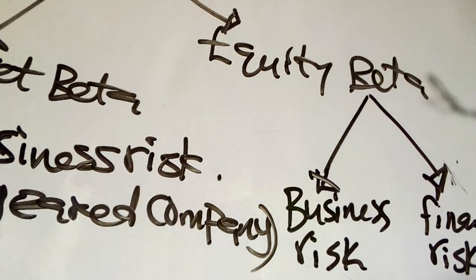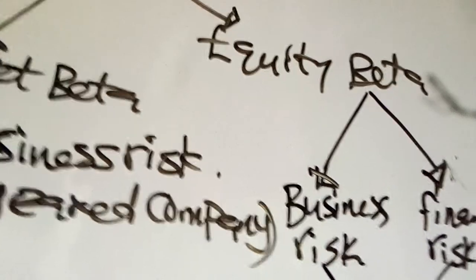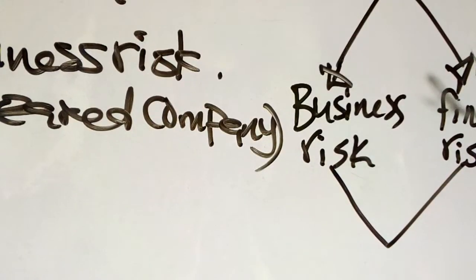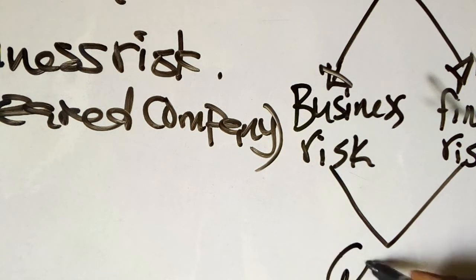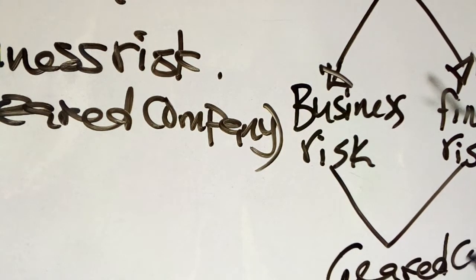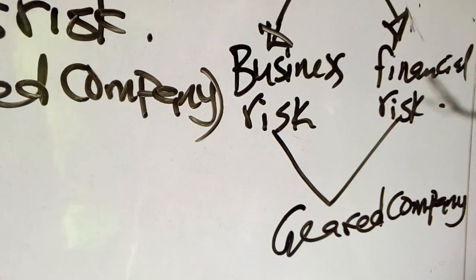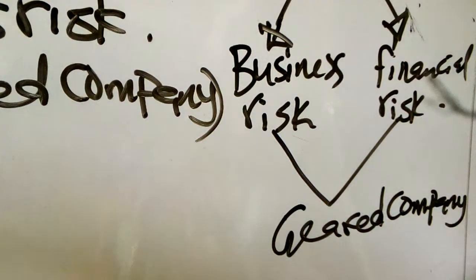When the business is geared, that means the business is faced with both the business risk and financial risk. That is for a geared company. So now, I want to explain the asset beta.